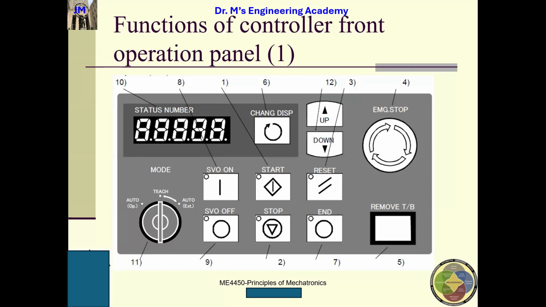So this is AUTO. This auto means you have nothing to do with the PC, nothing to do with the operator. You can just run it. So these are the 3 modes. This is for the RV, and as I said, different models have different modes.